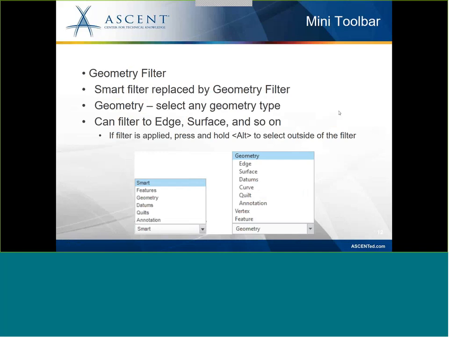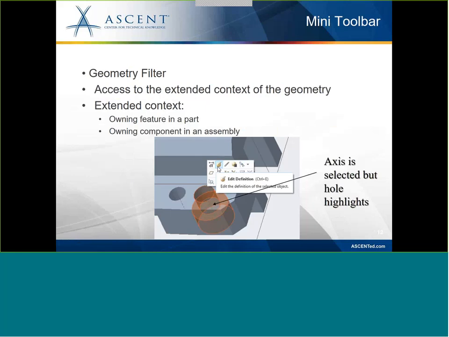I can select edges, surfaces, datums, curves, etc. But I may be creating a whole bunch of rounds, and all I want to be able to do for a little while is select edges. So I can set my geometry filter to edge, and edges are the only geometry type that I can select. If you have that set and you want to turn it off, you can press and hold Alt, and that temporarily sets the filter back to geometry, and you can select whatever you'd like.